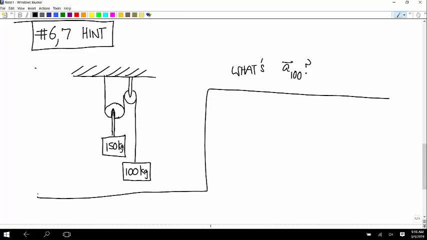But the effect of setting it up like this, with a hanging pulley being supported by a pulley system that goes from the ceiling, through the hanging pulley, is that you can lift a bigger weight with a smaller weight, or in other words, you can apply a bigger force with a smaller force, which is nice if this isn't a 100-kilogram mass, but instead your hands or some machine that you need to build to lift it. It's nice to not have to lift so much.